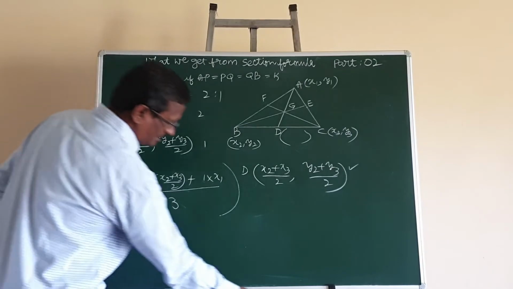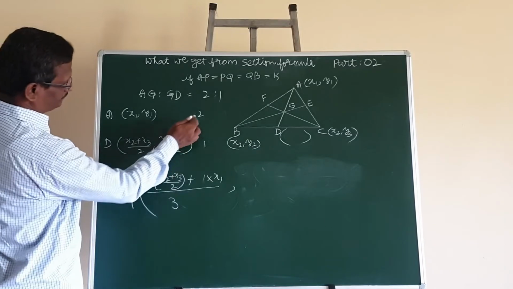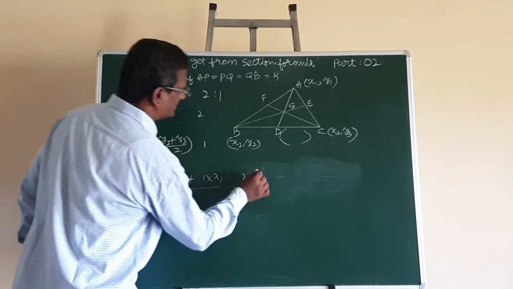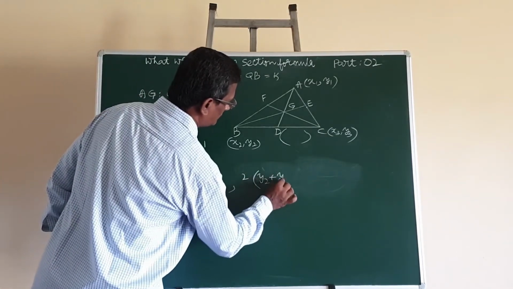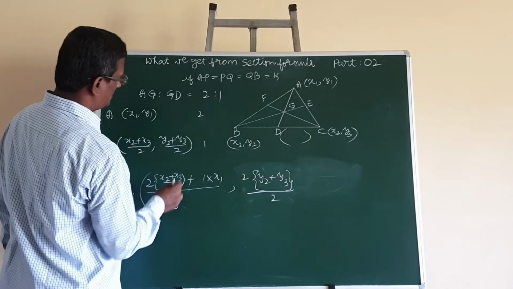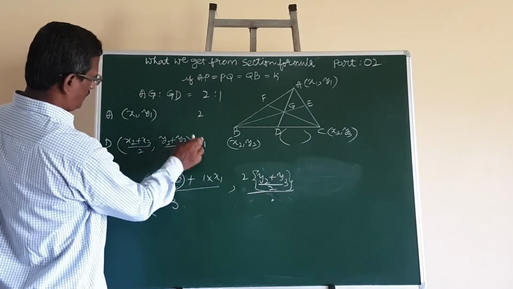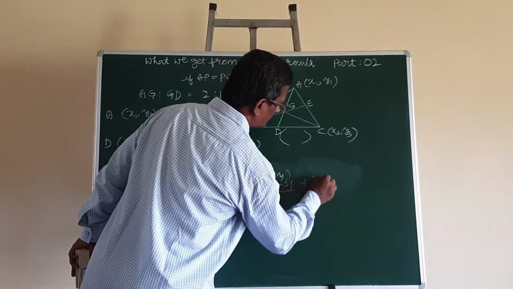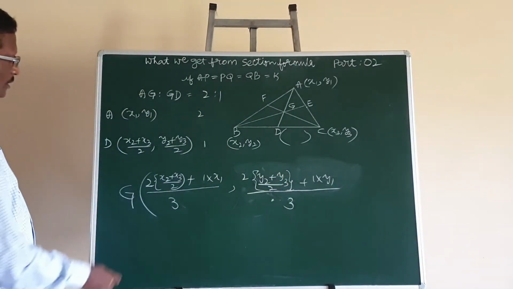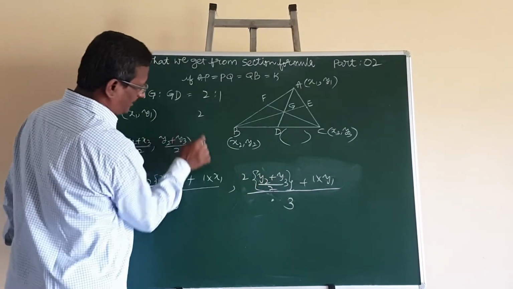Similarly, for the y coordinate, cross multiplication with y: (m1 y2 plus m2 y1) means 2 into (y2 plus y3) by 2, plus 1 into y1, whole divided by 2 plus 1, that is 3.